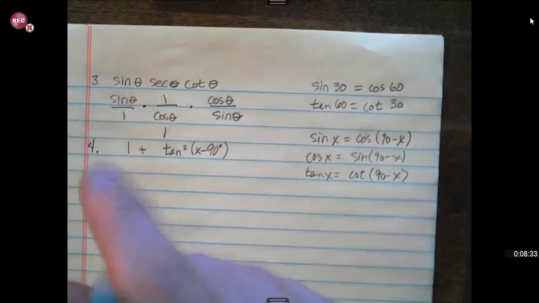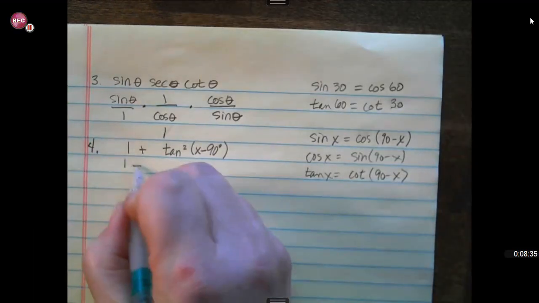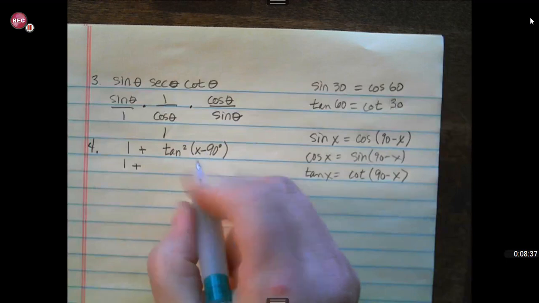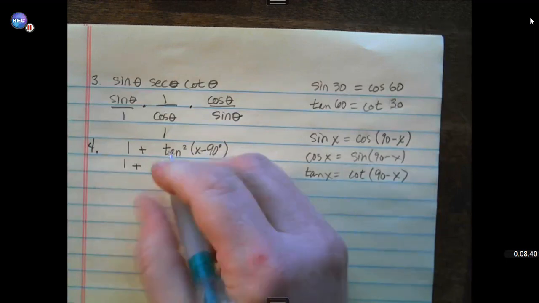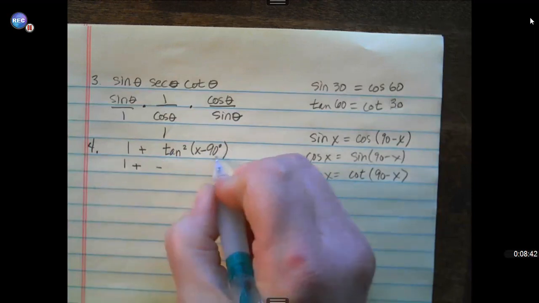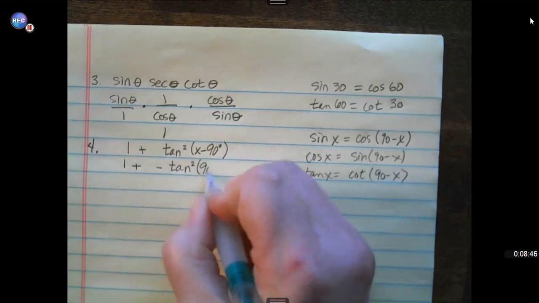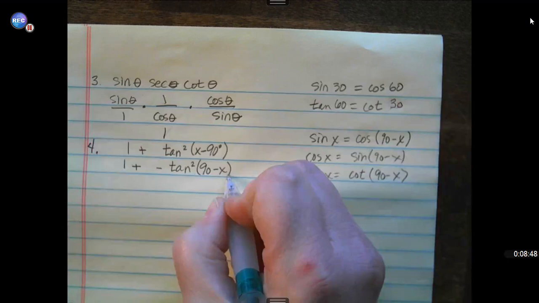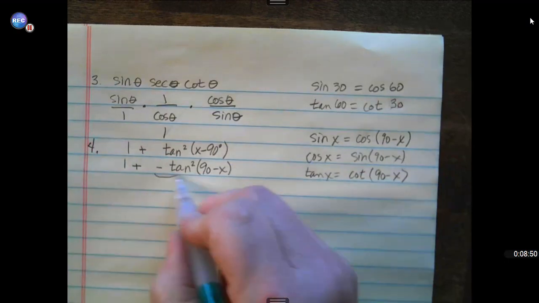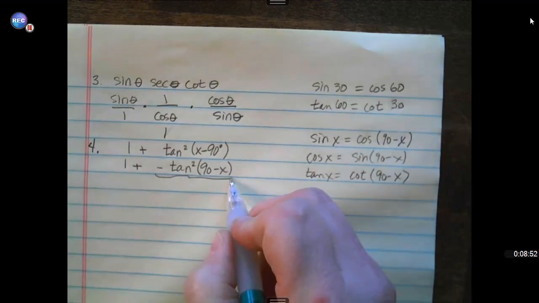If I change this around and I bring out a negative, I need to bring out the negative because that needs to be 90 minus x, not x minus 90. Then I can take this right here and substitute cotangent squared x.